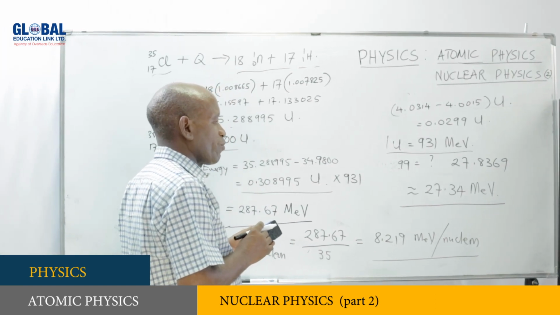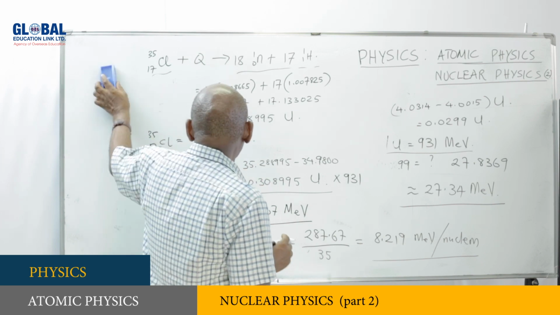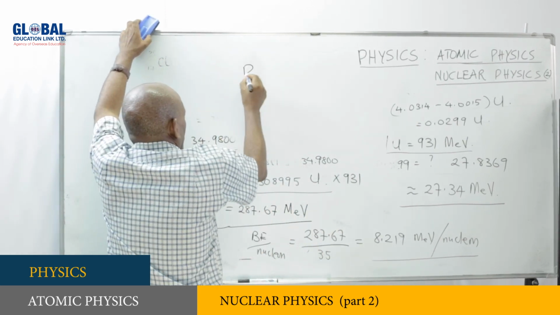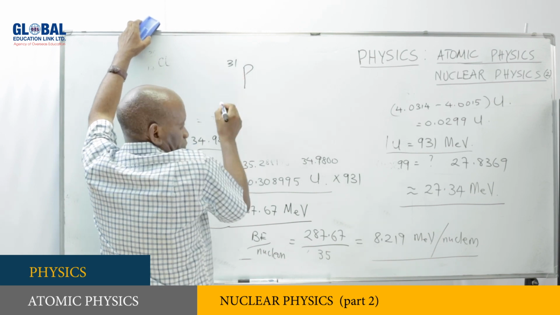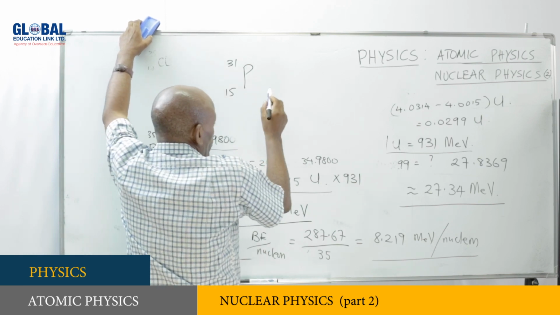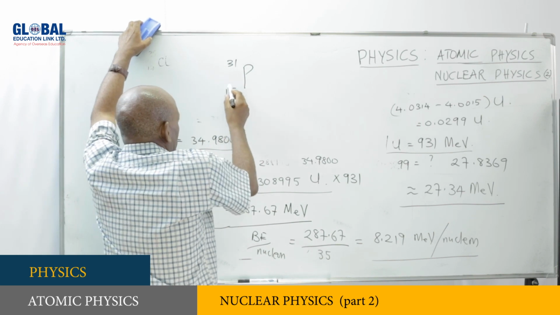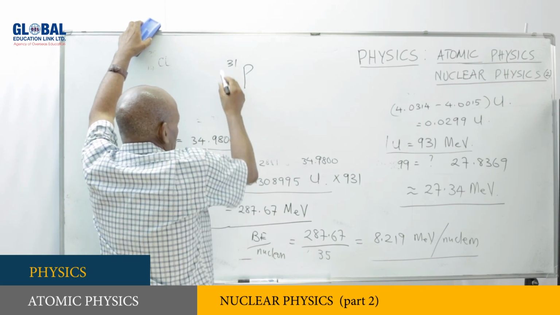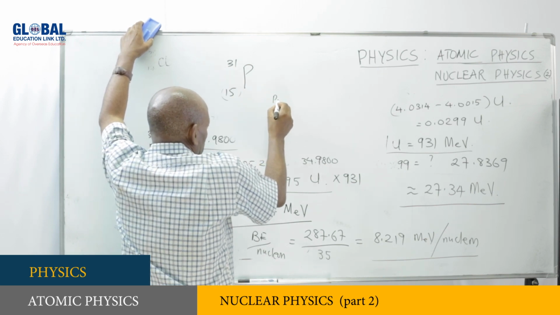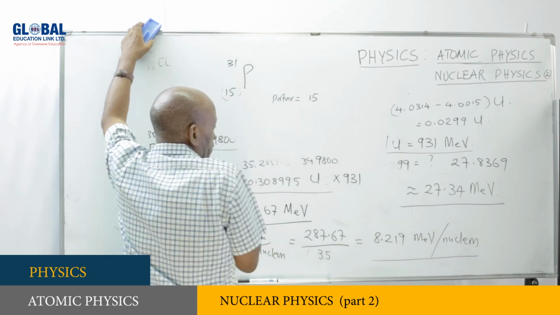You have to look for that particular phosphorus. The phosphorus is 31 15. It means that this is the mass number, and this is the atomic number. So it means that the number of protons at the nucleus are 15.